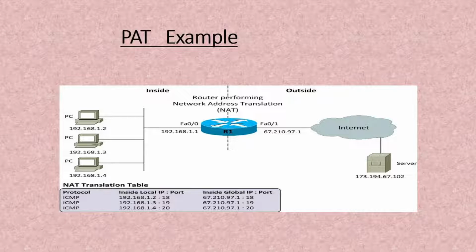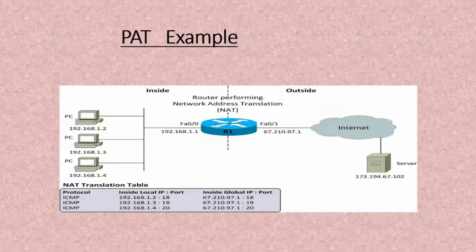Now there is an example of PAT happening. You can see in router R1, the Ethernet interface has a private IP 192.168.1.1 and the PCs are 1.2, 1.3, 1.4, and you can see the public interface has the public IP 67.2.10.97.1. So the router performing network address translation is actually performing PAT.